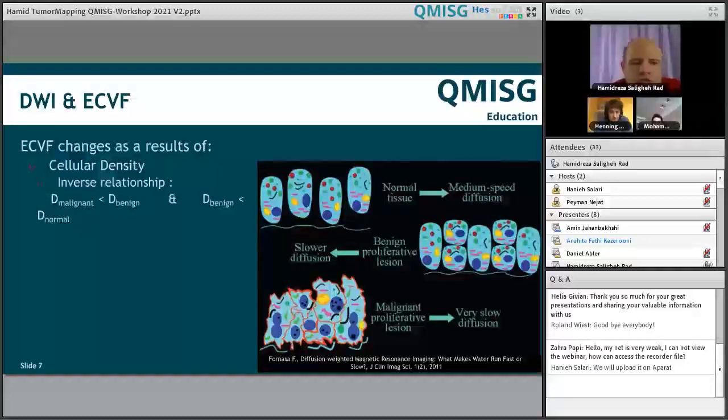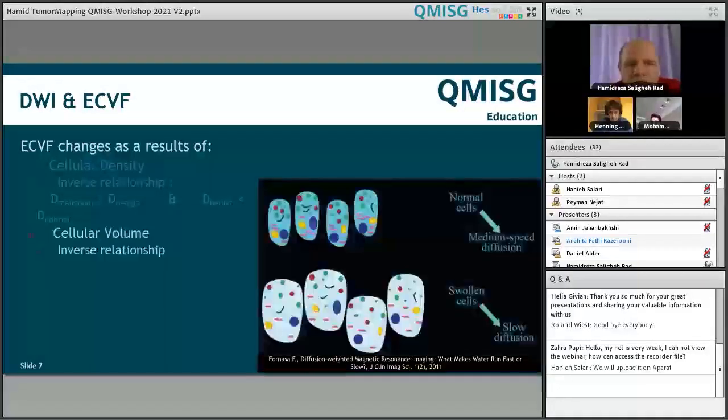It changes dramatically with cellular density, so it gives us a really molecular and cellular biomarker. So when cell density for a tumor changes, a very sensitive marker is introduced by diffusion, if the images are of good quality. But of course, for specificity, we need to explore a little bit more.